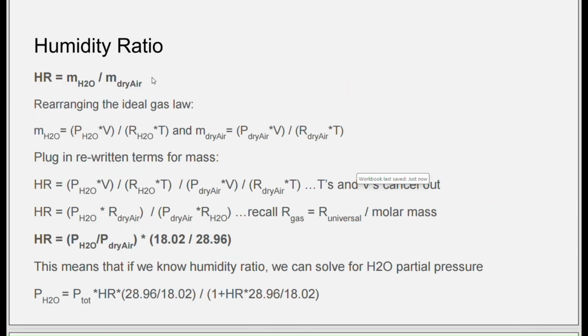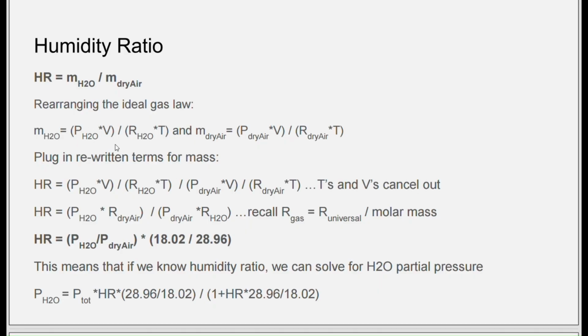Here's the same thing in equation form. Again, sorry to beat this horse to death, but it's pounds of water vapor per pound of dry air. If we rearrange this by substituting in PV over RT from our ideal gas law equation, we can write that out for each component of our mixture, for vapor and dry air. You'll notice that for gases, which occupy the space of their container, V is going to be the same for both the water vapor and the dry air.